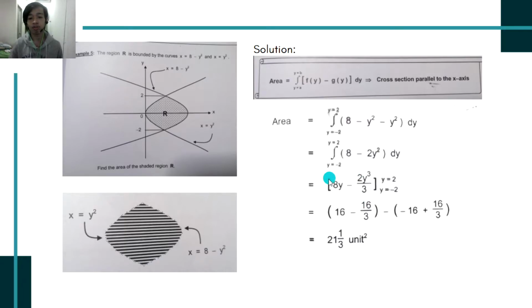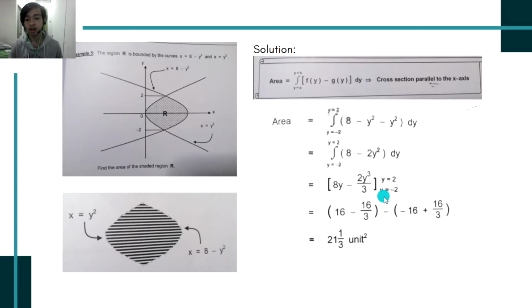Next, from this equation here, we can substitute the upper limit and lower limits into y. So first, let's do the upper limit. 8 times 2 will get 16 minus 2 times 2 to the power of 3 over 3, we will get 16 over 3.